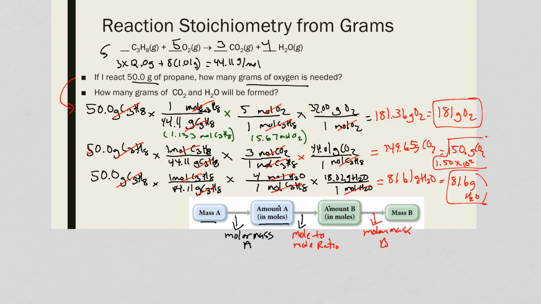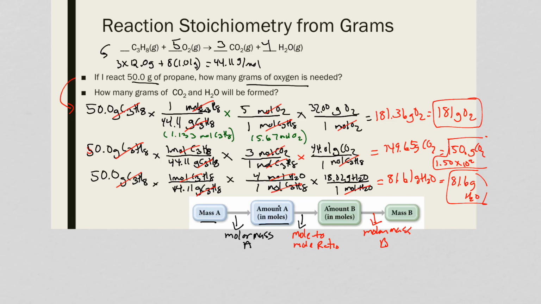So we can see these calculations. And while I showed these and they seem kind of repetitive, the more you see this and practice it, the easier it becomes. But what I want to point out is the pattern. The pattern of these types of problems is very similar. We're starting with a mass of one thing.